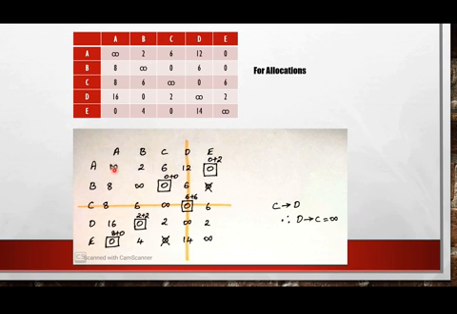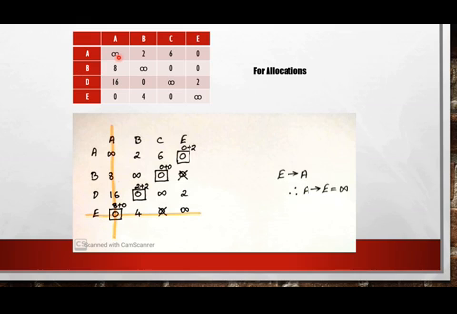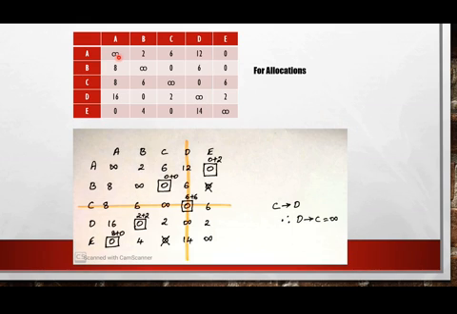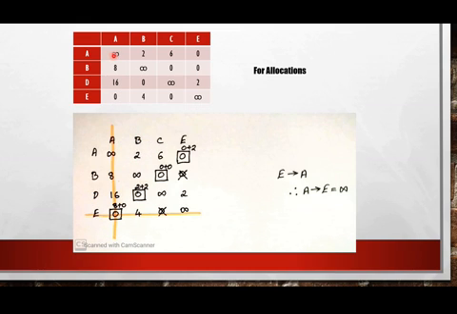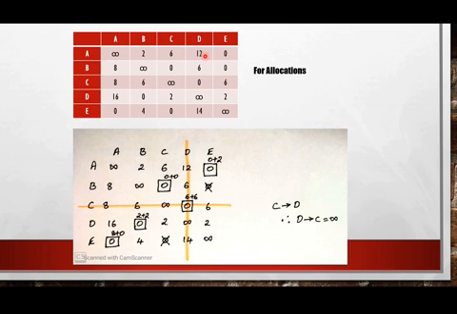From A to A infinity, I have copied it as it is. Then A to B 2, A to C 6, A to E 0. So the A row was infinity 2, 6, 0. Now look at B row.